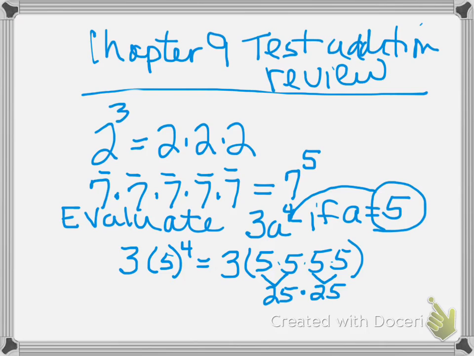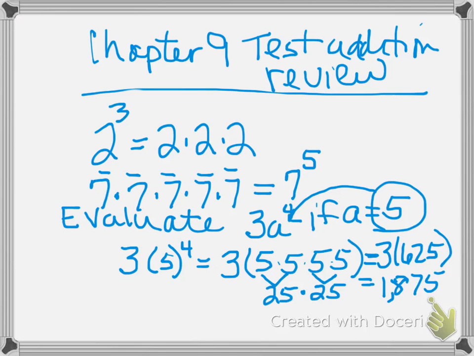And if I took 25 times 25, I know that would be 625, so 3 times 625. And I can multiply 3 times 625 then for my last step and have 1,875. So I have evaluated 3a to the 4th power.